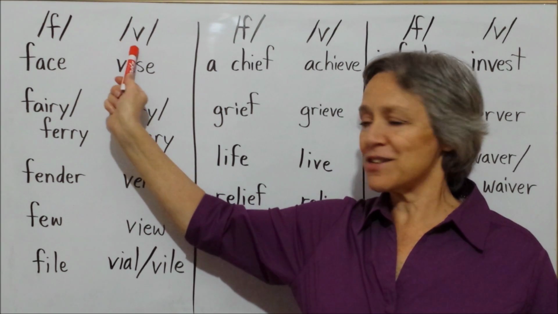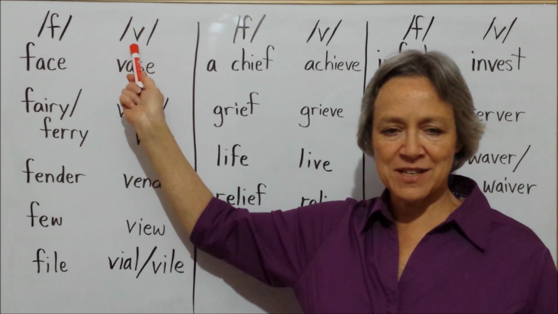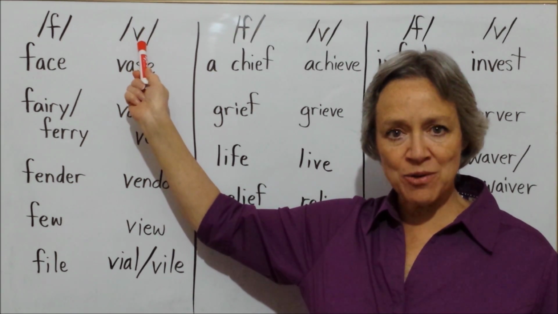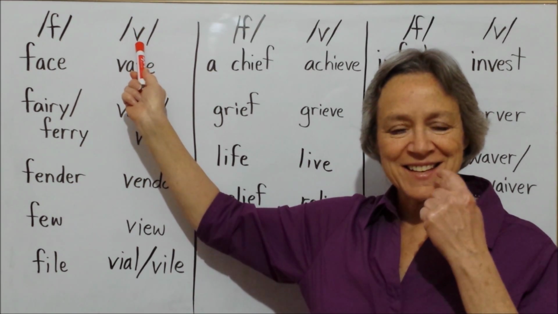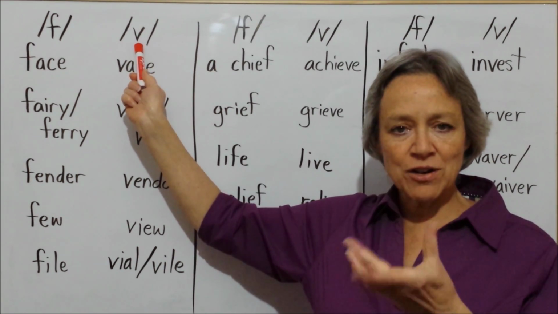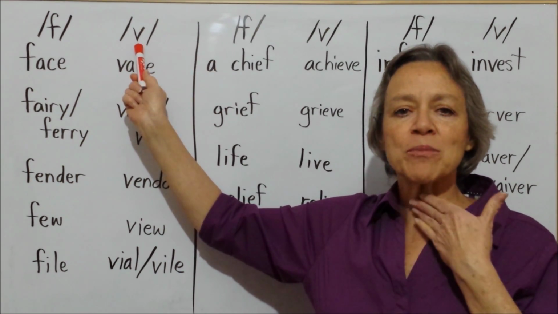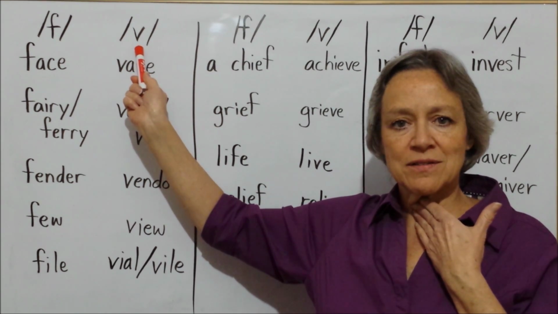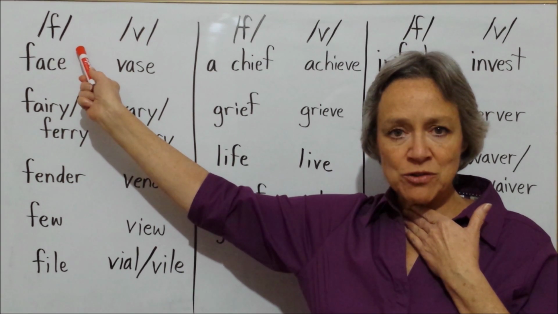So this is the sound that we have been working with today. This is v. And I make this sound by putting my upper teeth on my lower lip, forcing air out of my mouth, and allowing my vocal cords to vibrate. This is v. This is a similar sound.